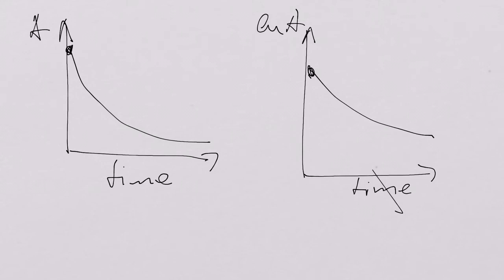It must be something else. So when I ask you to demonstrate that something is a first order, what do you need to do? I draw an ln versus time, and this should give me a straight line. And I can say, if it gives me a straight line, I know it's a first order reaction. Simples.